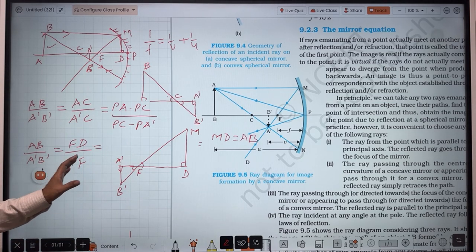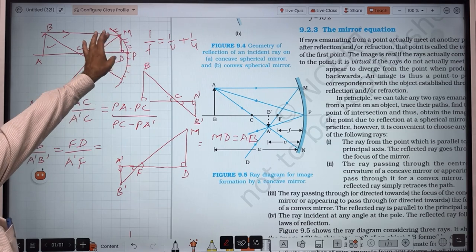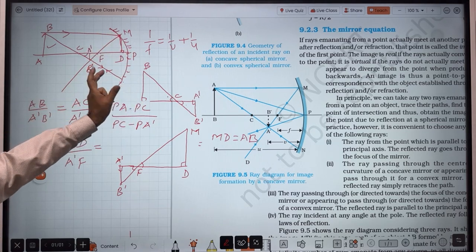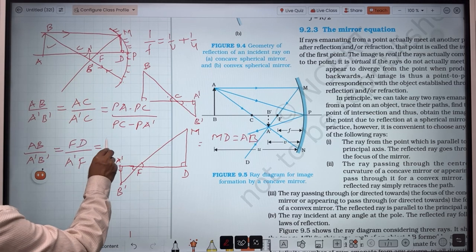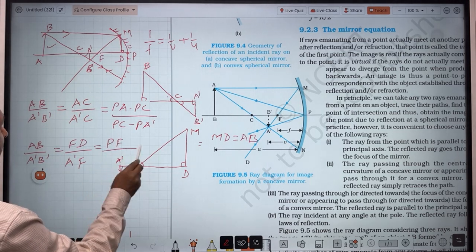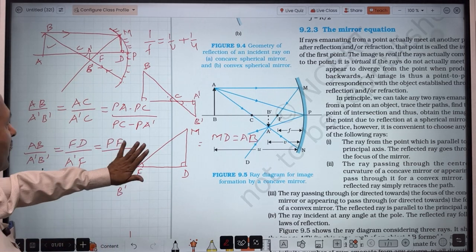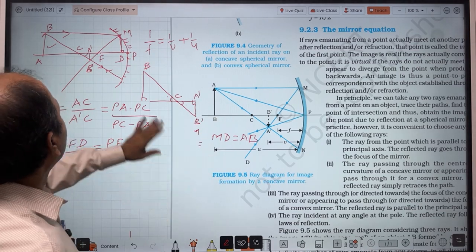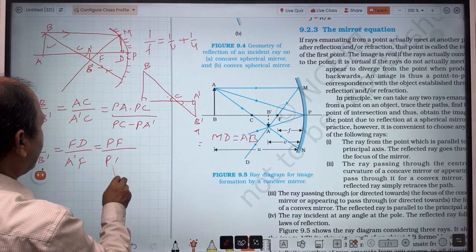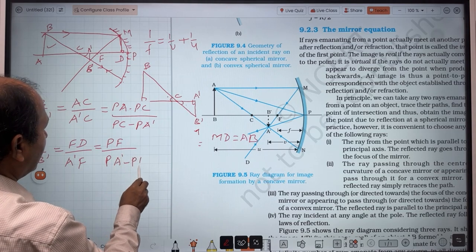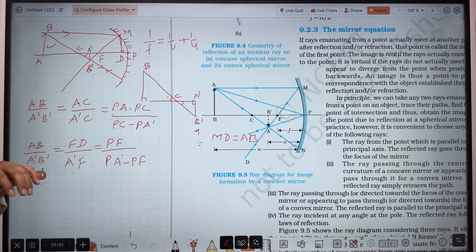Now FD, we can do a certain approximation, as I told you that when the aperture is small, then D and F will coincide. In that case, FD can be written as PF. So let's write it as PF divided by A dash F. A dash F can be written as PA dash minus PF.